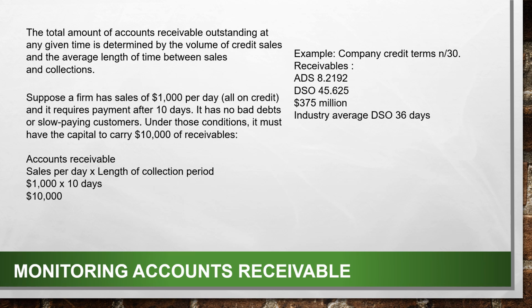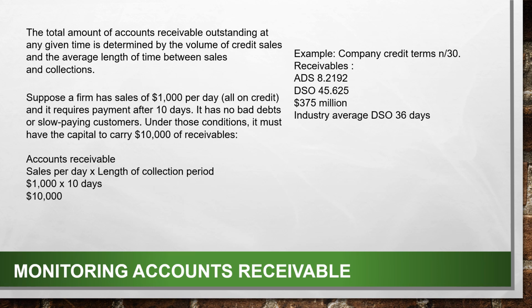That investment of 375 million is tied up in our customers' hands. In evaluating our DSO, it is good to compare it with the industry average. If the industry average is only 36 days, then our practice of 45.625 days is actually not good, right?